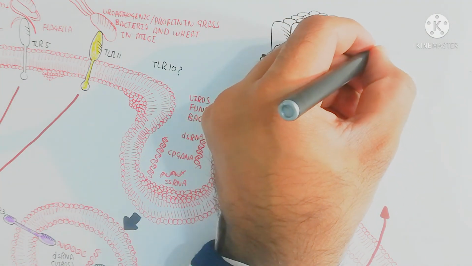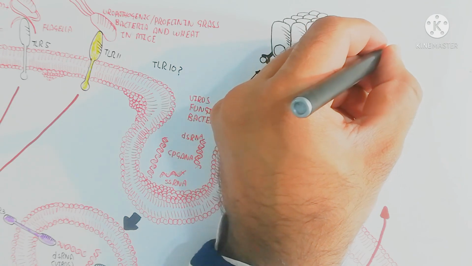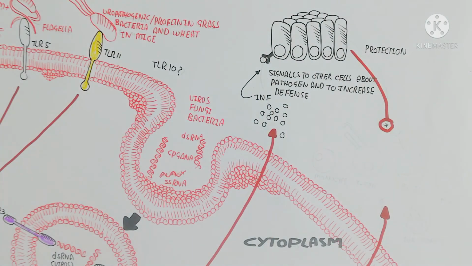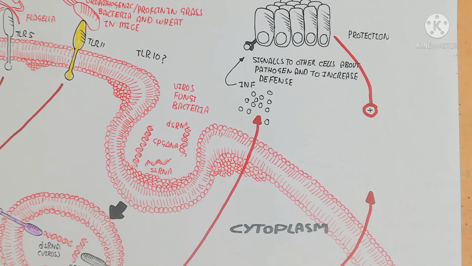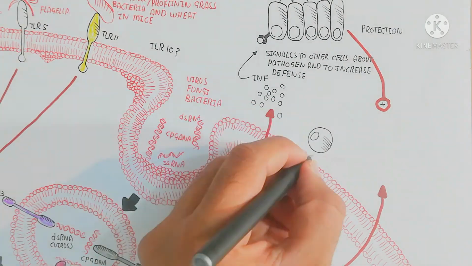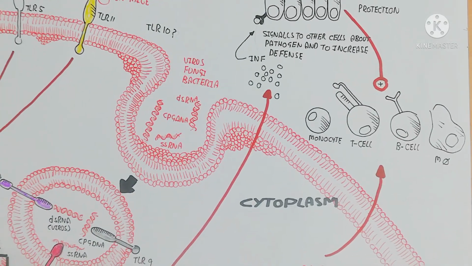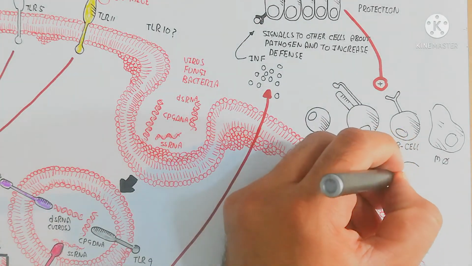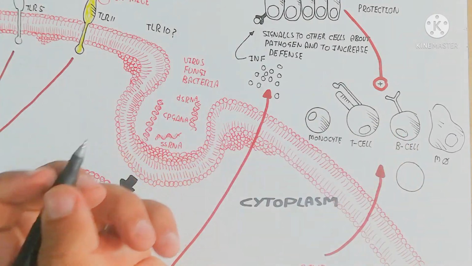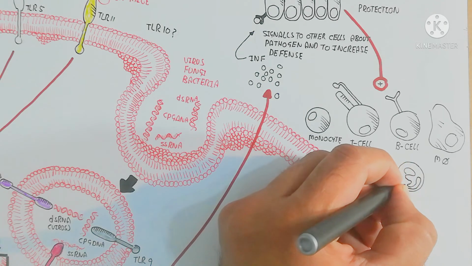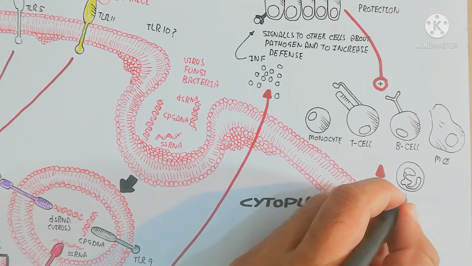The cytotoxic T cell will kill the damaged tissue, and neutrophils are also produced for the quick response during pathogenesis. All these cells, monocytes, T cells, B cells, macrophages, and neutrophils, are important for the immune response. I hope you make sense of the toll-like receptor.